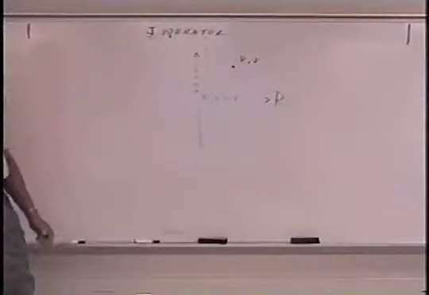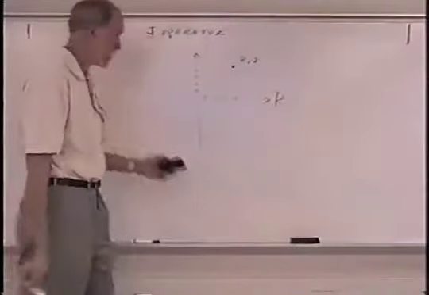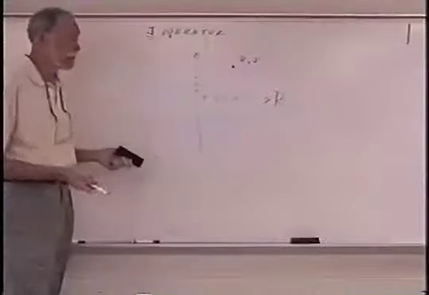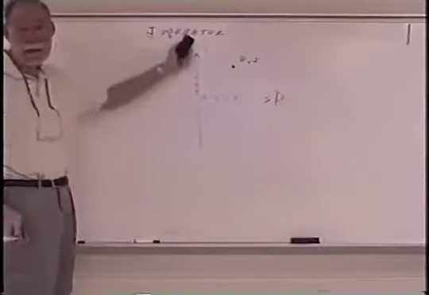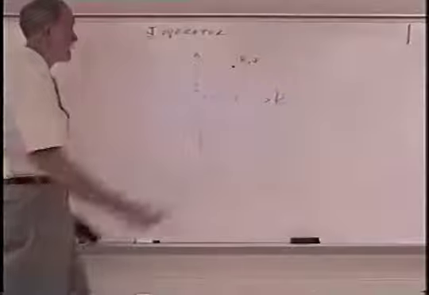I can represent it that way. What are we talking about with the J? We're talking about the amount of inductive or capacitive reactance. On the plus J axis, we're talking about X sub L.